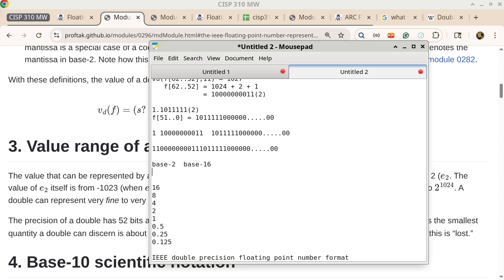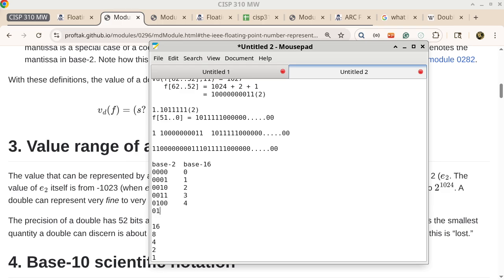The base 2 to base 16 conversion table is just like, oh, okay, 4 digits, all zeros in base 2 is 0 in base 16. Is anyone going to object to that? 0001 is just 1. 0010 is 2. 0011 is 3. 0100 is 4.